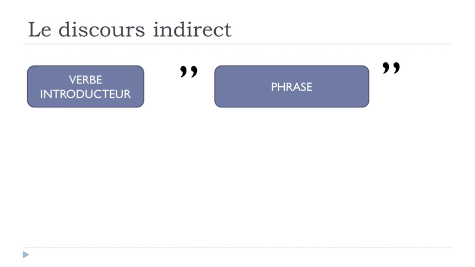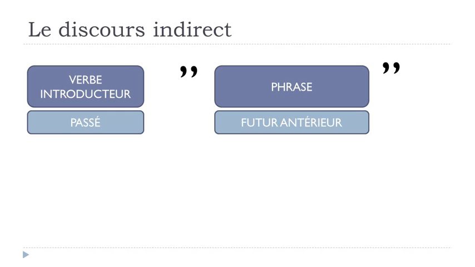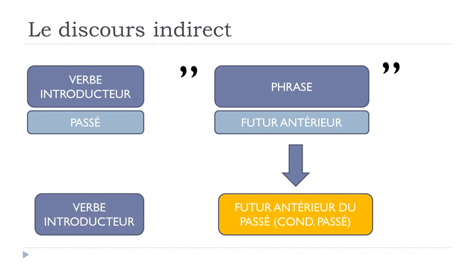And so let's see now, still in the first part the past, because that will be the whole thing of this video, and we've got this futur antérieur in the second part. And this futur antérieur will become what we call, and it's the same thing, quite interesting, futur antérieur du passé, but technically it's the conditionnel passé.